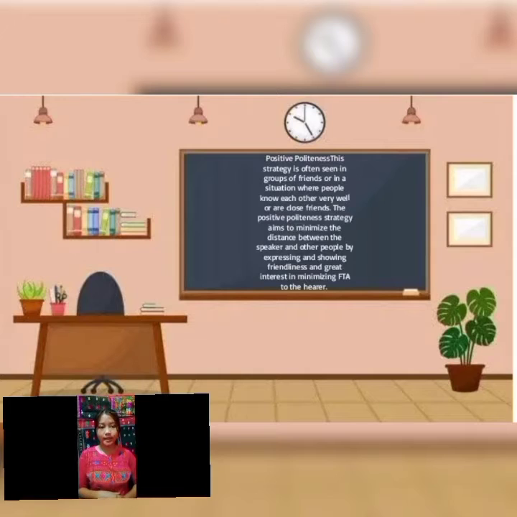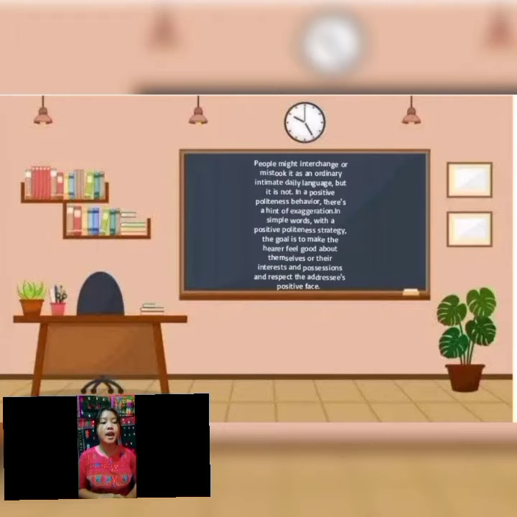Positive politeness. This strategy is often seen in groups of friends or in a situation where people know each other very well, or close friends. The positive politeness strategy aims to minimize the distance between the speaker and other people by expressing and showing friendliness and great interest in minimizing FTA to the hearer.